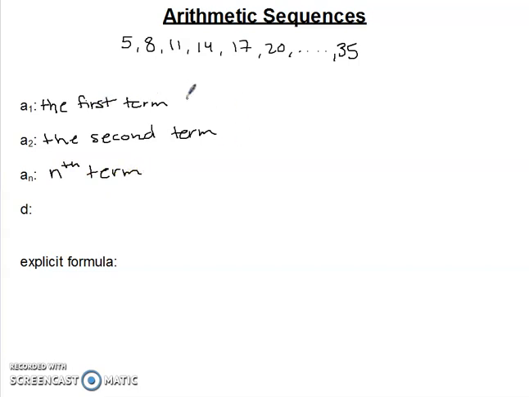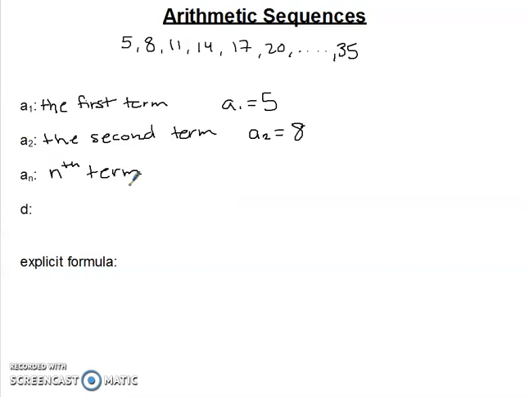So in this case, my first term, A sub 1, is going to be 5. The very first term, or the term occupying place 1, is 5. The second term, or the term occupying place 2 in my list, is 8. And the nth term says we can plug in any value of n and obtain that value. So here, with what we're working with at this point, I can't identify the nth term because we don't know what place we're looking at.